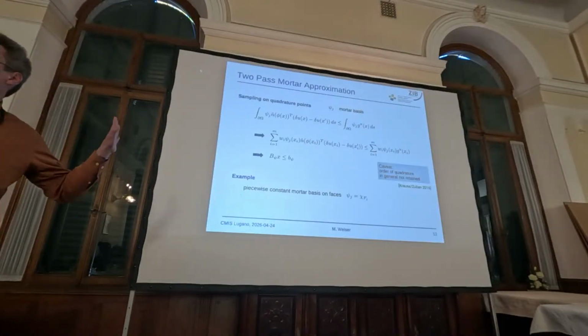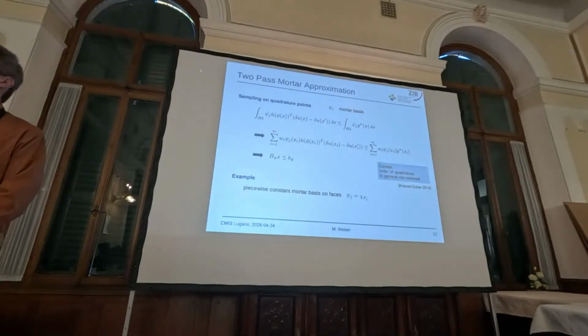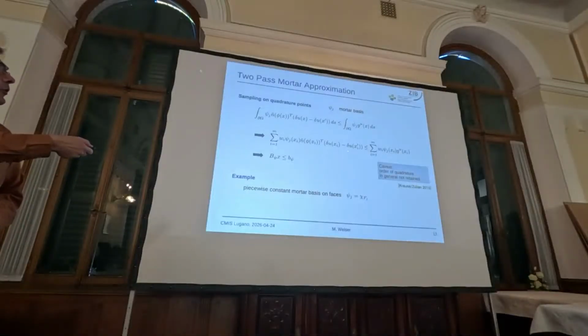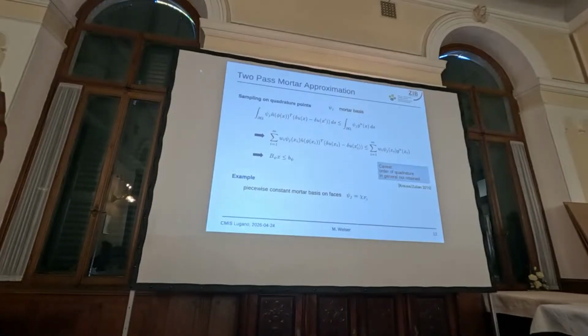If we have this setting, we can also try to mimic mortar methods simply by having a basis function and integrating both sides of the contact constraints with a quadrature formula. This is essentially just linearly combining rows of the constraint matrix and right-hand side with weights.